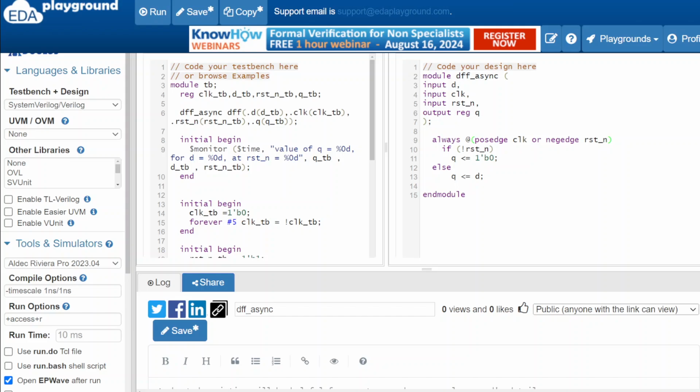So we are checking every passage of the clock along with the negate of the reset. Whenever a negate of reset comes, we will read this always block. Along with that, at every passage of the clock, we are reading this always block. This is the change between synchronous and asynchronous reset.